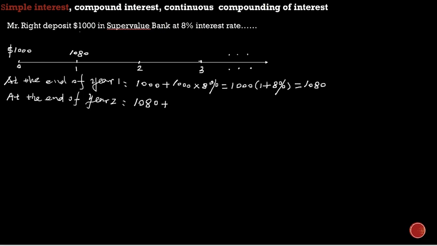Simple interest. We calculate the interest on the original principal. So the original principal is 1,000 times the interest rate. This is what Mr. Right gets at the end of the second year.